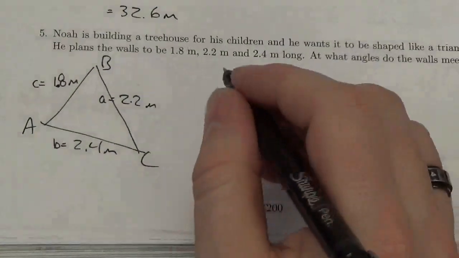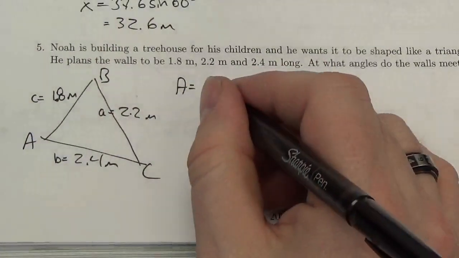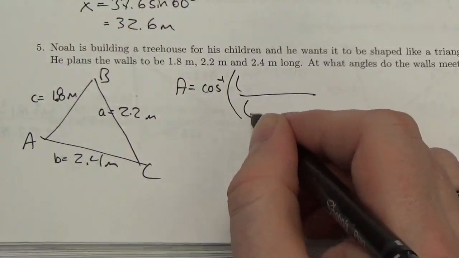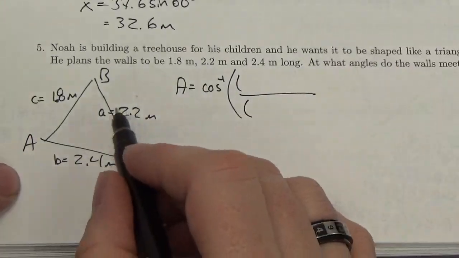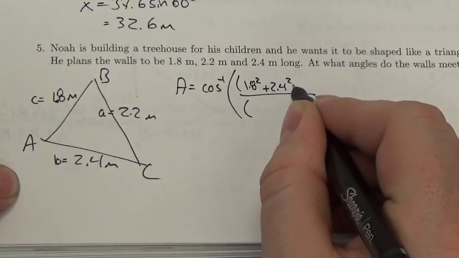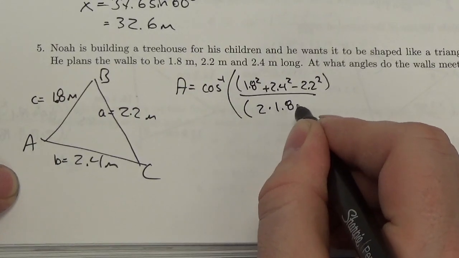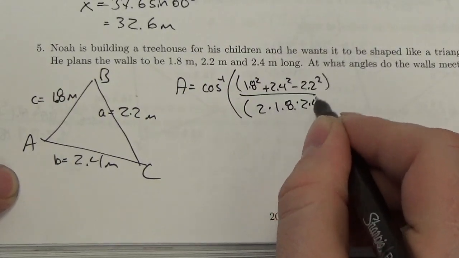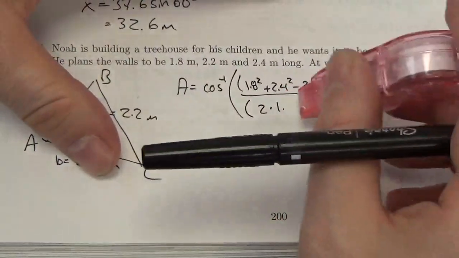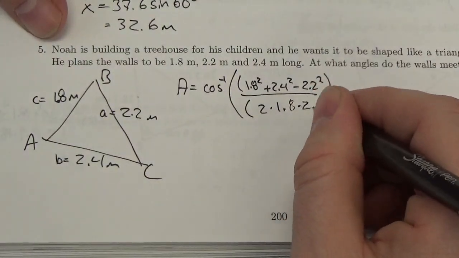Okay, so let's find angle A to start off with. Because I know all three sides here, I know that I'm going to use the cosine law. So this will be the inverse cosine of, and because I know I'm going to subtract this one at the end here, it'll be 1.8 squared plus 2.4 squared minus 2.2 squared over 2 times 1.8 times 2.4.